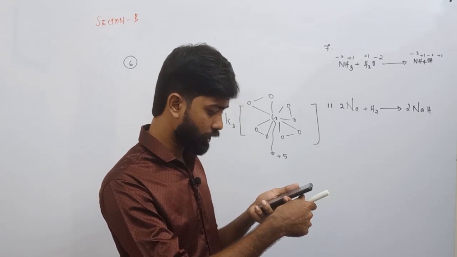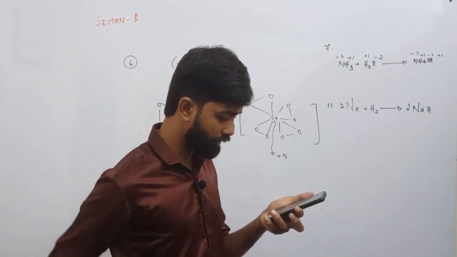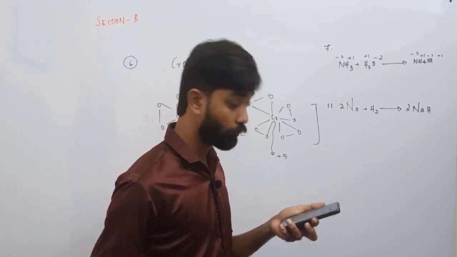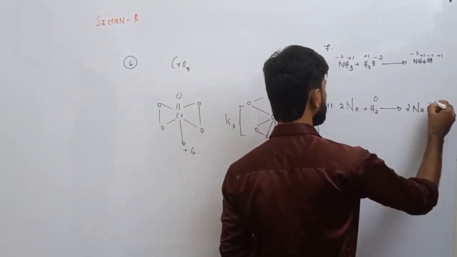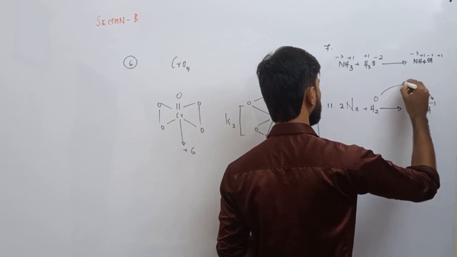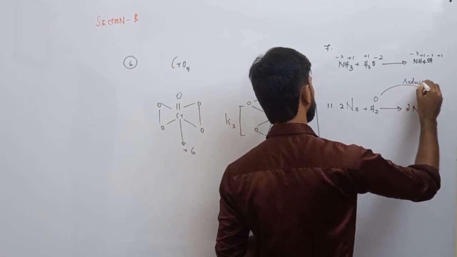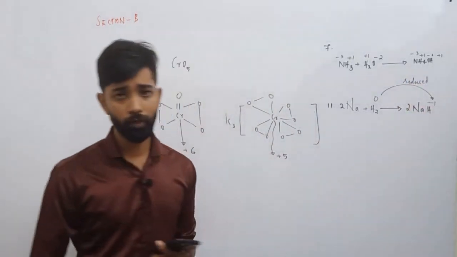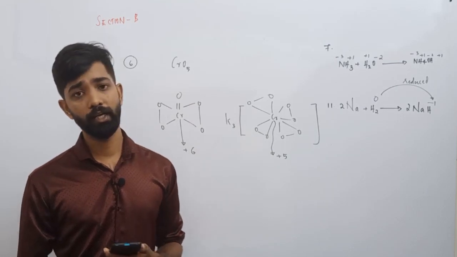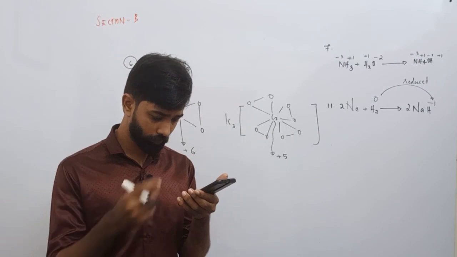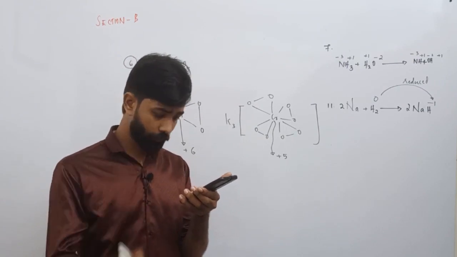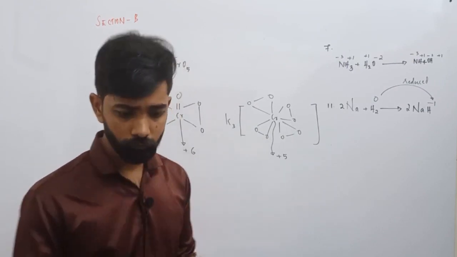Then in this reaction, is hydrogen oxidized, reduced, or both oxidized and reduced? Hydrogen goes from 0 to -1, right? So hydrogen is reduced. In the formation of an alkali metal hydride from alkali metals, hydrogen is reduced.